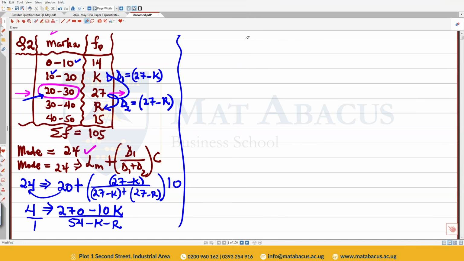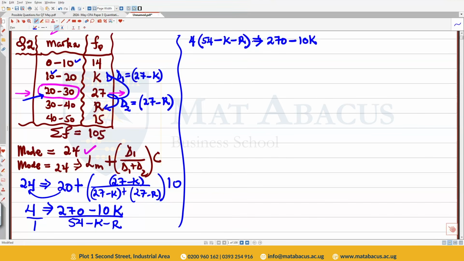A 4 into brackets 54 minus K minus R is the same as 270 minus 10K.